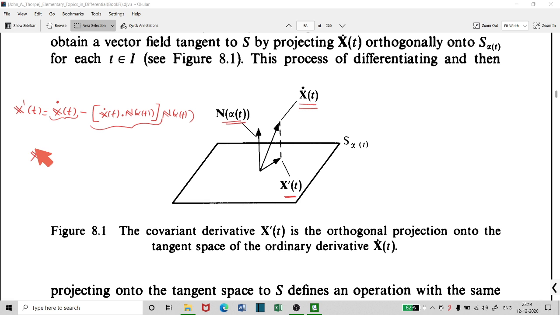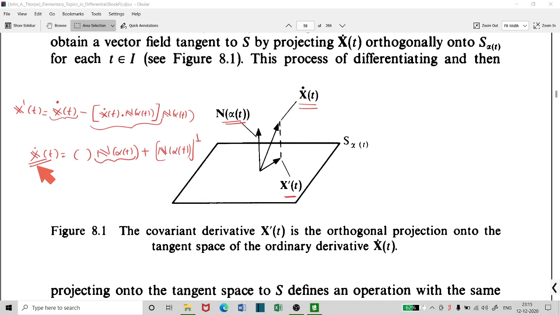X dot t can be decomposed into something times n of alpha of t plus a vector in the direction of n of alpha of t perpendicular. Okay, you can write any vector as a linear combination of a normal vector and a member of the perpendicular of n of alpha of t.